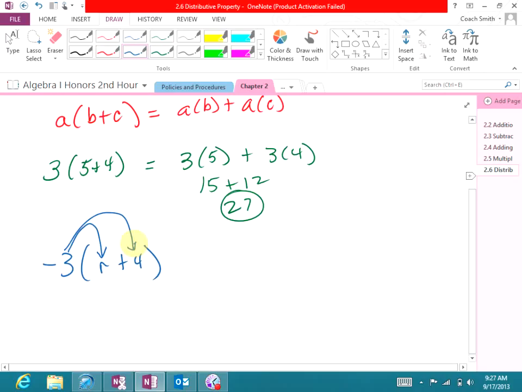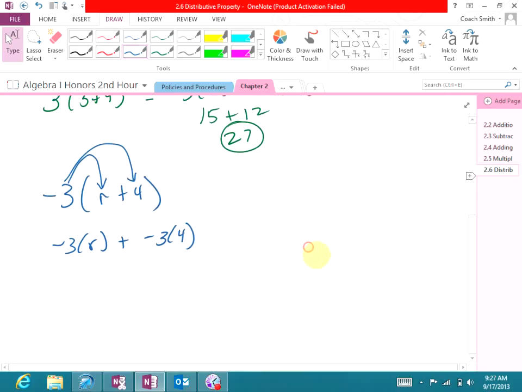Now, this step here is the step that you don't have to write. If you can see it without writing that step, that's fine. In other words, if you can see that this is going to be negative 3r plus negative 12, and that is negative 3r minus 12.